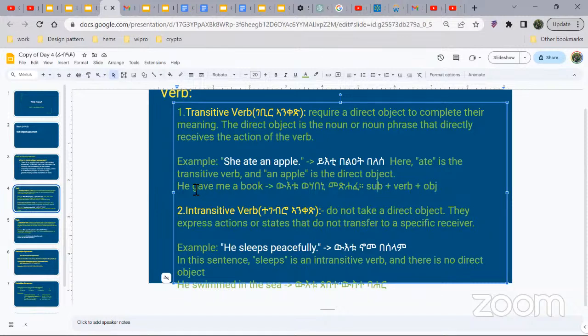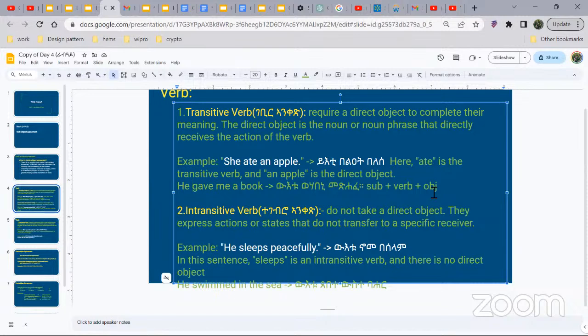If you said "A book gave me he," the meaning would be different and it doesn't give any sense. So in English the subject should come first, then the verb, followed by an object. But in Ge'ez, you can mix it up.